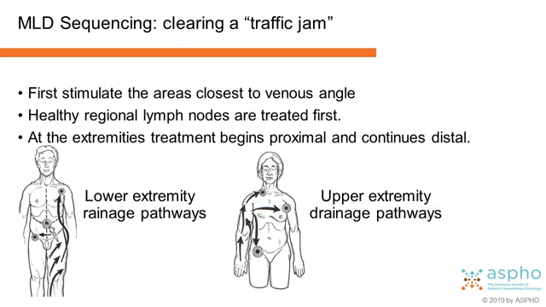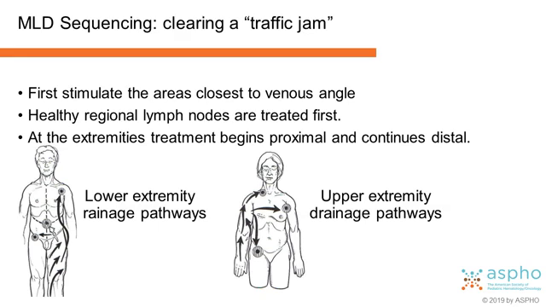And we'll treat healthy lymph nodes as well first to help direct that fluid towards where we have healthier lymph node pathways. So these pictures just show some of the typical pathways that we use with upper and lower extremity lymphedema. And of course, it's very important that we understand that anatomy and the direction of those lymph vessels.